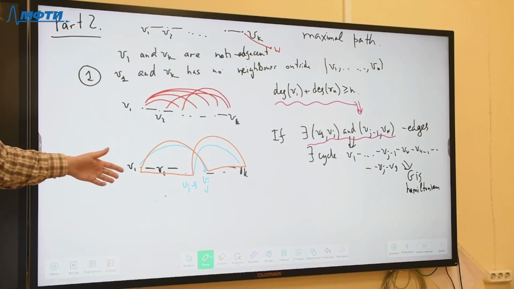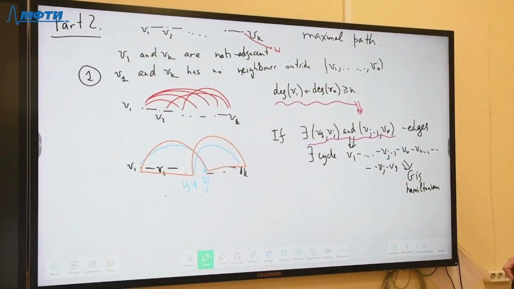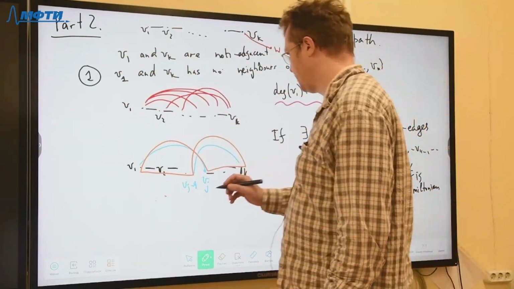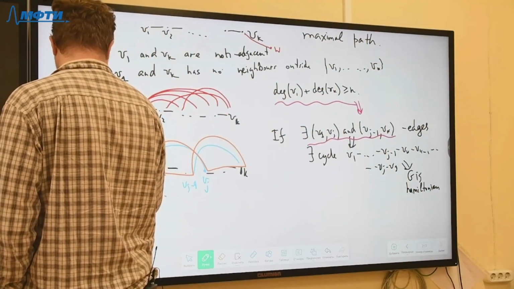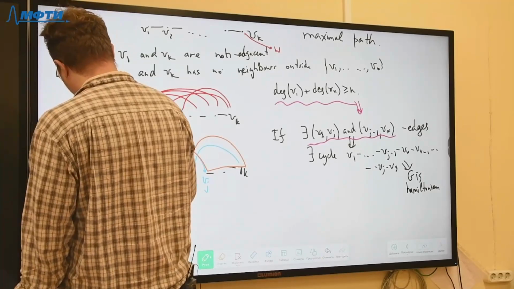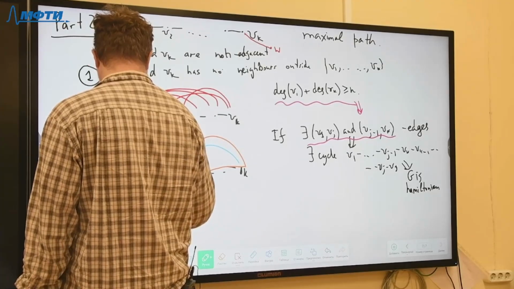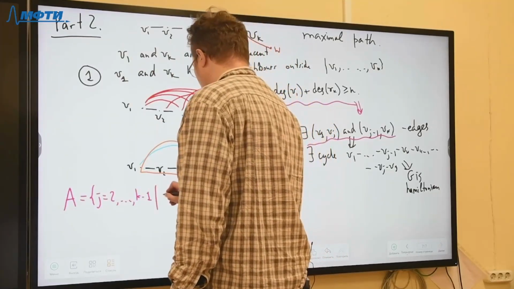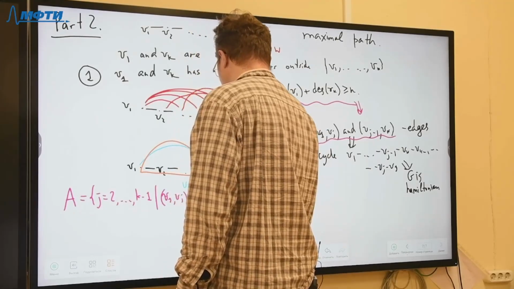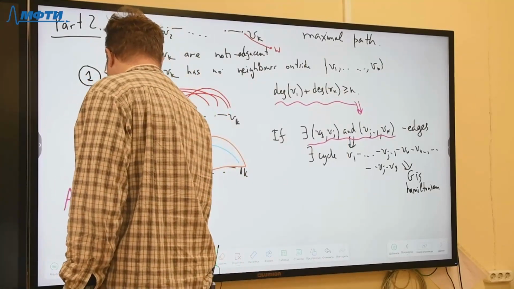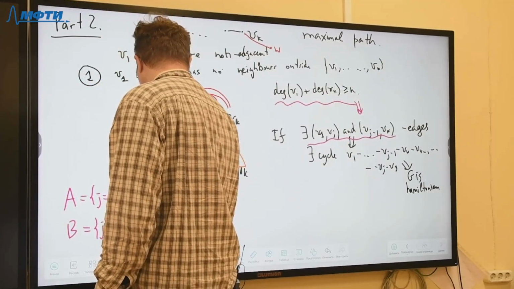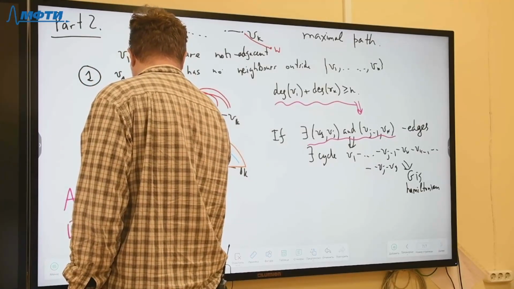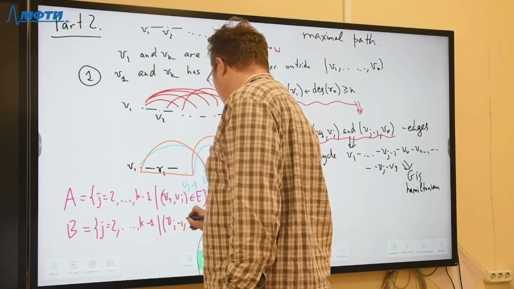If you just look at the number of elements which are connected with v_1, for example, we write the set A to be such j from 2 to k minus 1, such that v_1 v_j is an edge, and B will be the set of j from 2 to k minus 1 such that v_{j-1} v_k is an edge.